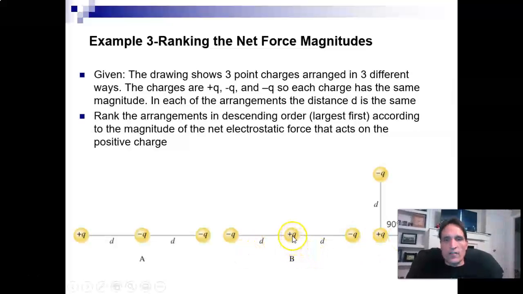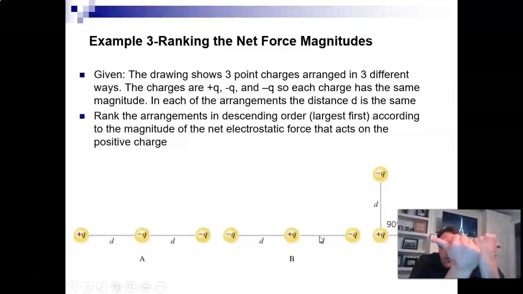Here you have the positive charge in the middle, and it's attracted to the negative charge on the left, so there will be an attractive force pointing toward the left. It's also attracted to the charge on the right because they're opposite signs, and the magnitude of that force is the same, but it's pointing to the right.